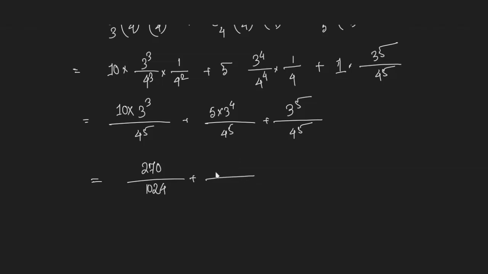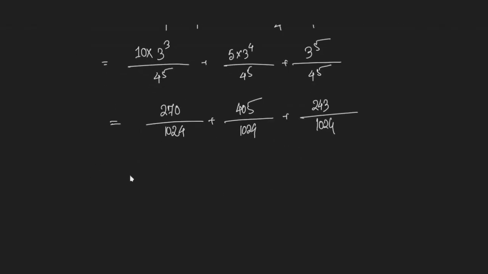Then 5 times 3 to the power 4 will be 405 over 1024, plus 3 to the power 5 will be 243 over 1024.